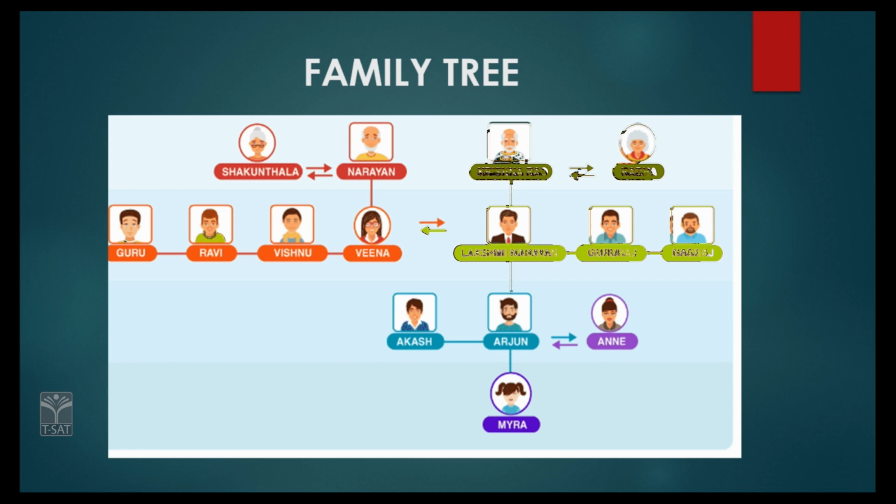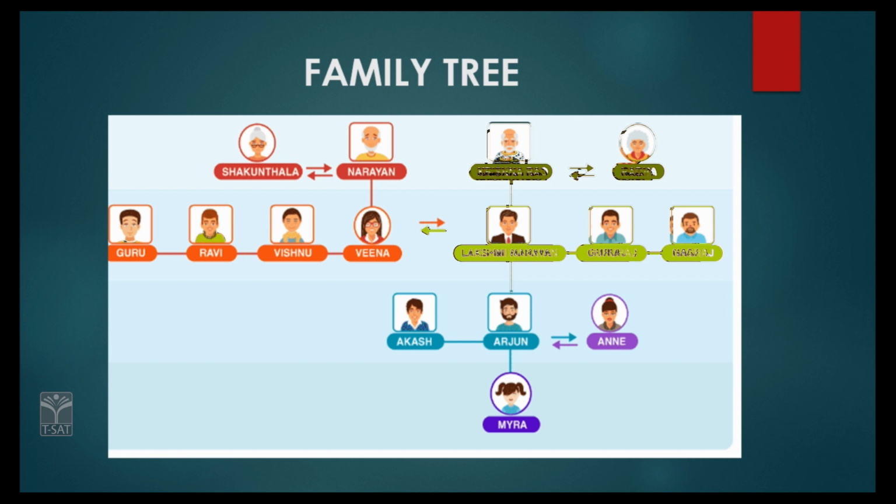From the Narayan family, Veena married Lakshmi Narayan. So with respect to Krishna Rao, Veena is his daughter-in-law, and Lakshmi Narayan has 2 brothers, Nagaraj and Gururaj.